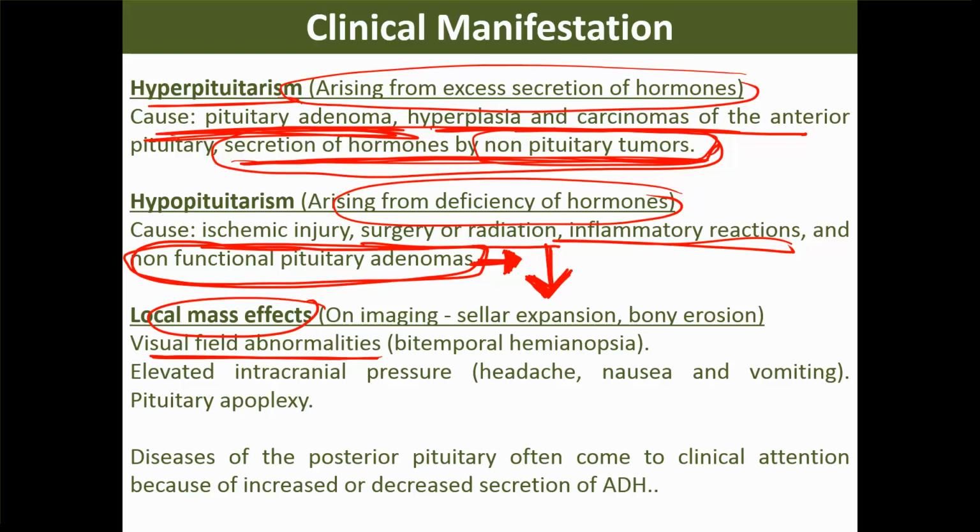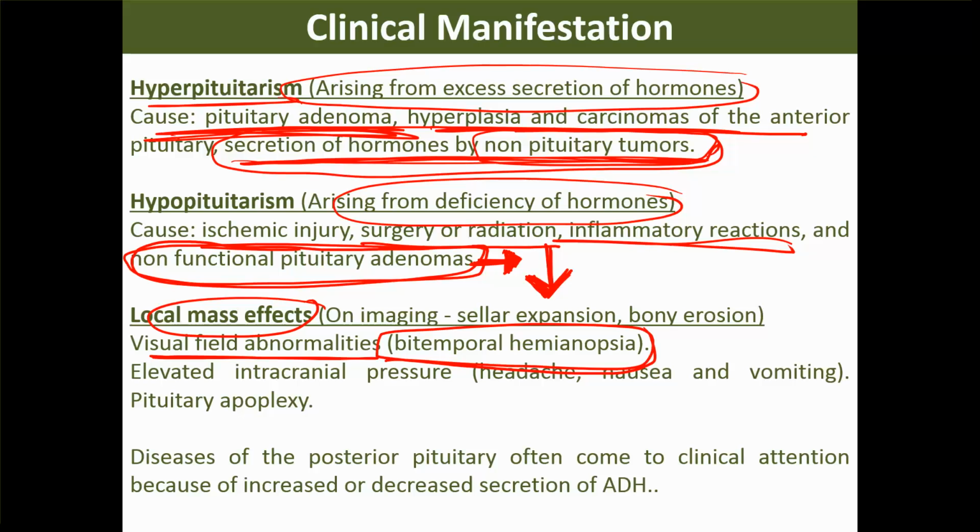Everything we'll discuss in the CNS module. Just to take it, they will affect the vision, and it is called bitemporal hemianopsia, which means the side of the vision, that is lateral vision, is affected on both sides. Very simple.